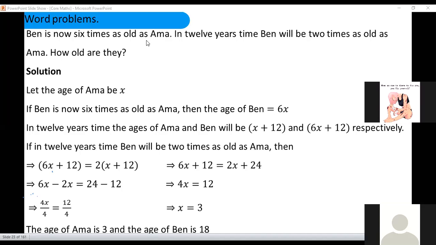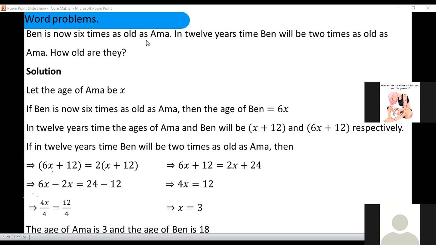So let's just take this example. If Amma is 2 years, and Ben is 6 years, then you could see that when we have 3 times Amma's age, that's going to give us Ben's age.